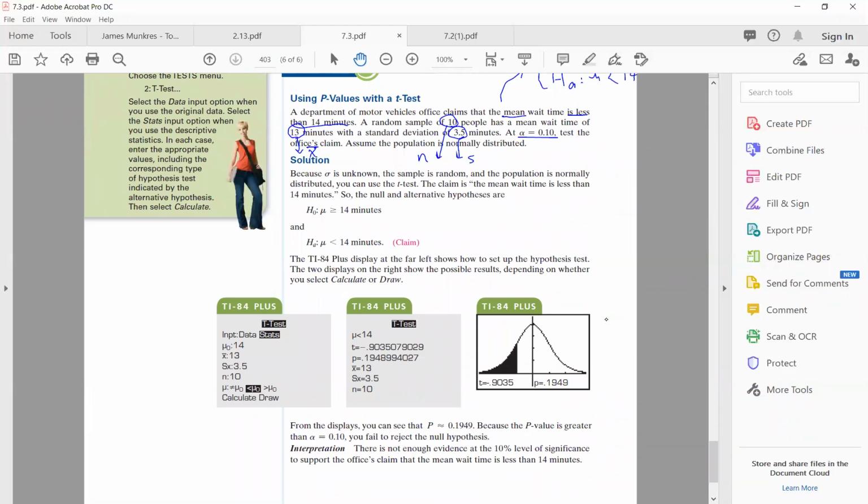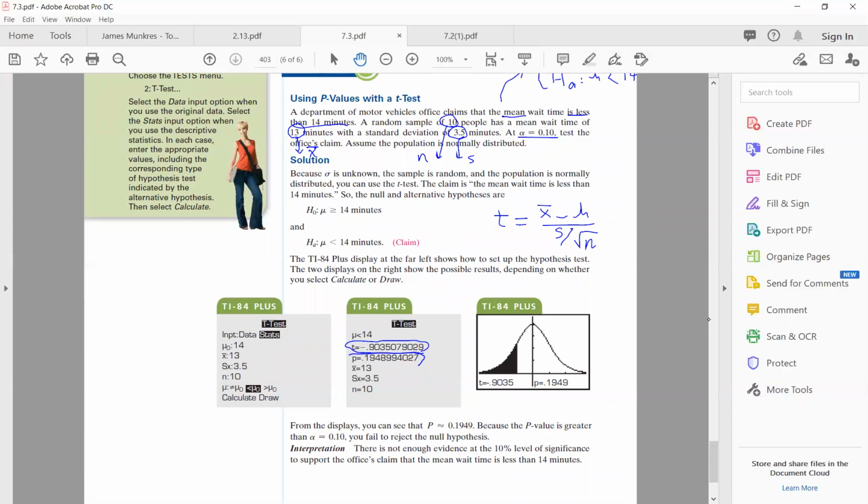We can find our p-value by finding our test statistic. Test statistic, t, is equal to x bar minus mu over s over square root of n. This t is almost negative 0.90.